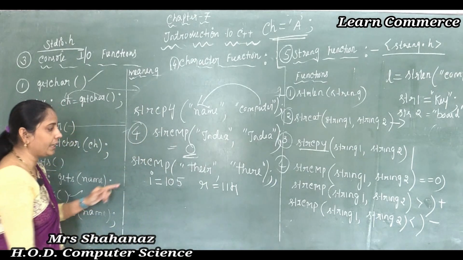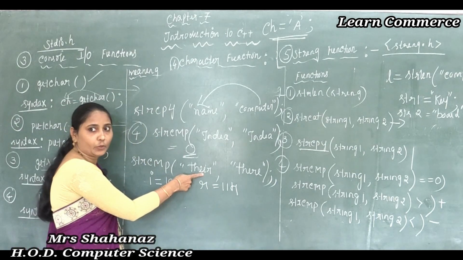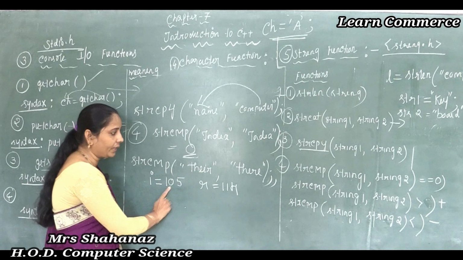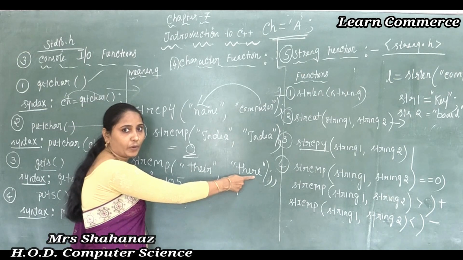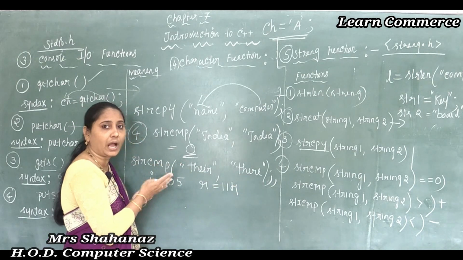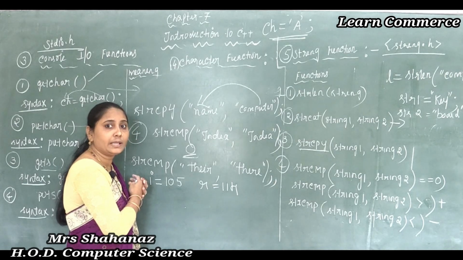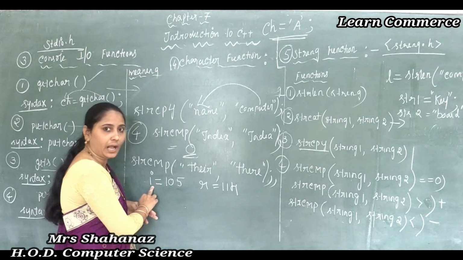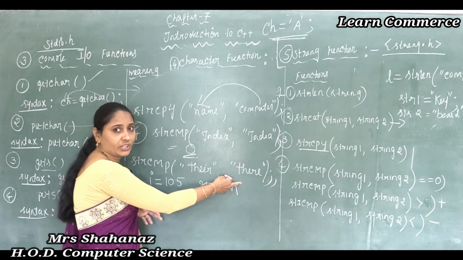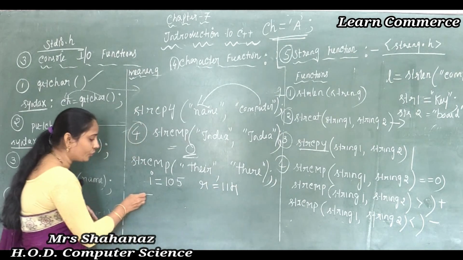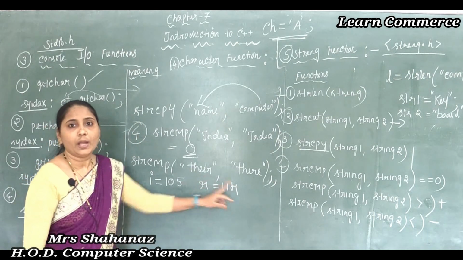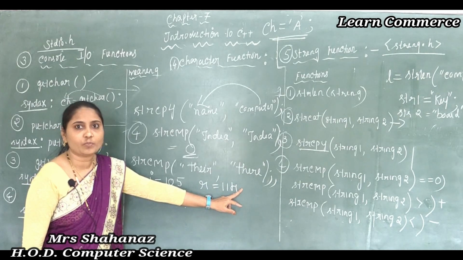So when you take the letter I, you will get the value 105, and when you use R, because THE has no difference, we can't take the difference between these letters. So we need to take I only, and on the other side string 2 has R, 114. So we can say 105 minus 114.